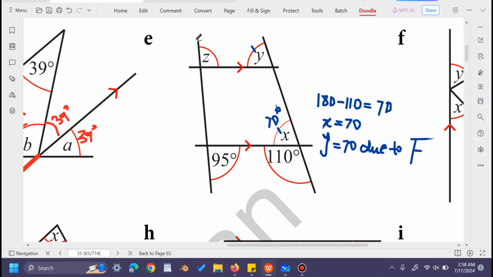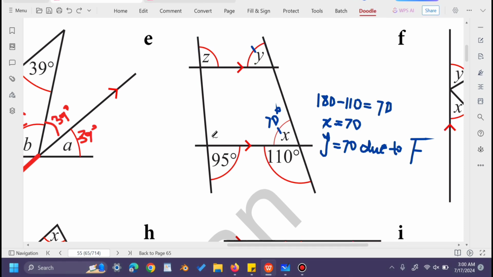But what about Z? Can you see this is a co-interior angle that we have just seen? So this is going to be interesting actually. So we can see that if Y is equal to 70, what is going to be?